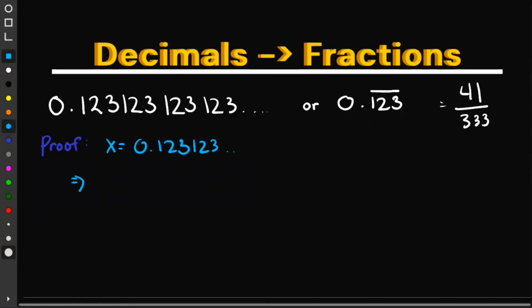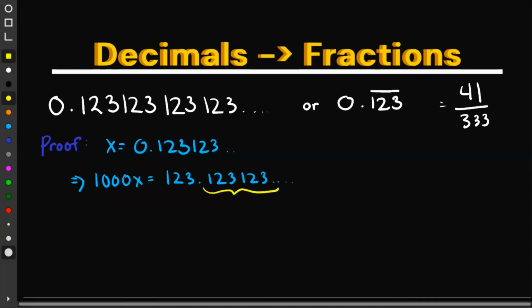We can multiply 1000 to both sides, which gives us 1000x equals 123.123, 123, and so on. Now we can view the decimal part as x, since it's this same number.